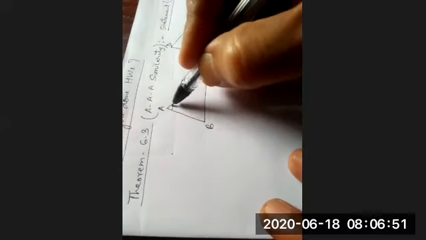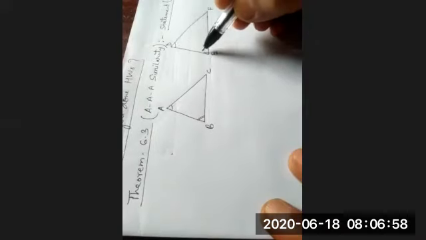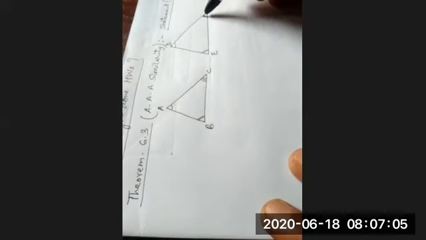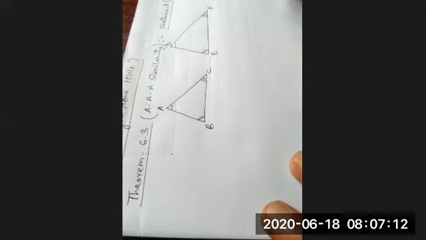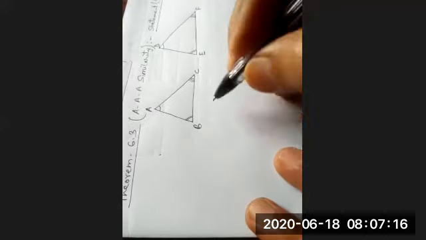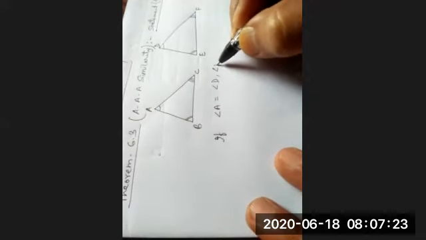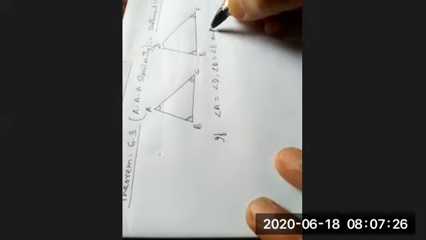And if the corresponding angles are equal, angle A is equal to angle D, angle B is equal to angle E, and angle C is equal to angle F, then their corresponding sides are in the same ratio.